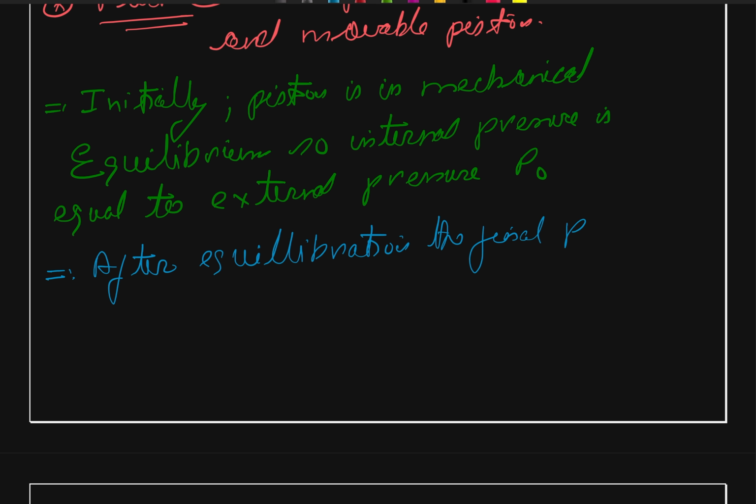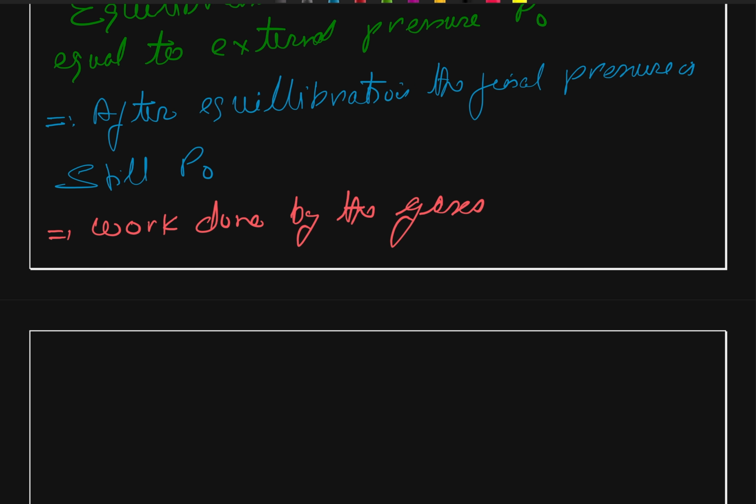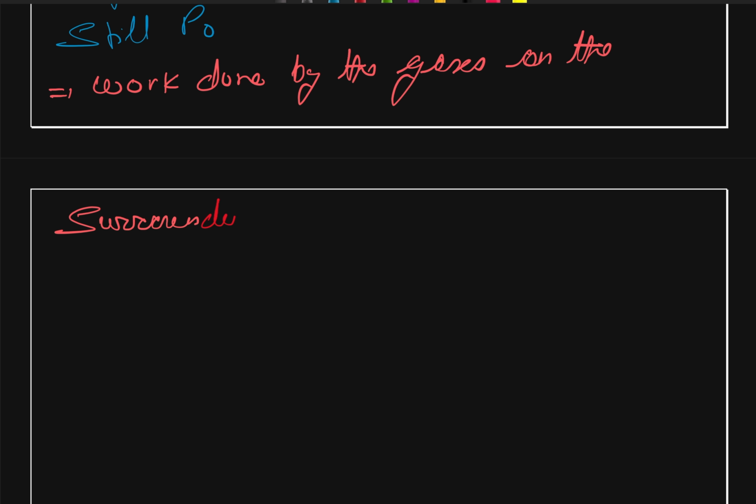Therefore, we can write that the work done by the gases on the surrounding, or we can say our piston, is W, which will be equal to our pressure and change in volume.